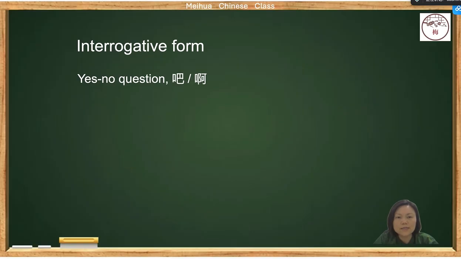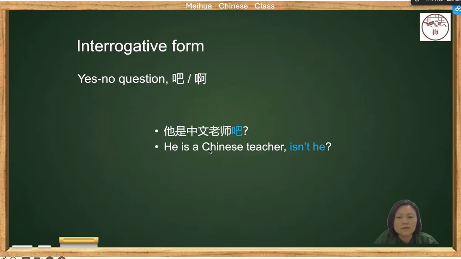For the second and the third character, 吧, let's look at the difference here. 他是中文老师吧? When someone asks this question, actually he probably has already got the answer, but he just was not 100% sure about it, so he asked the question.